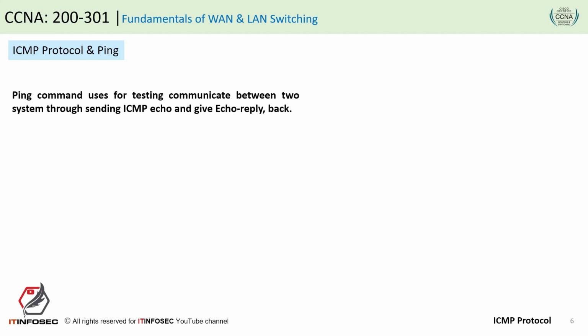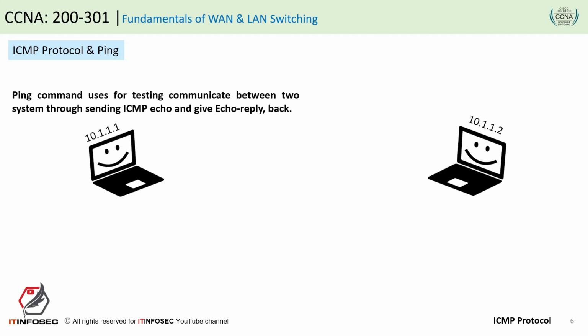Ping is a command, and this command is used for testing communication between two systems by sending an ICMP echo and getting an echo reply back. ICMP echo request and ICMP echo reply. We can say ICMP is one of the famous protocols used for testing communication between computers.